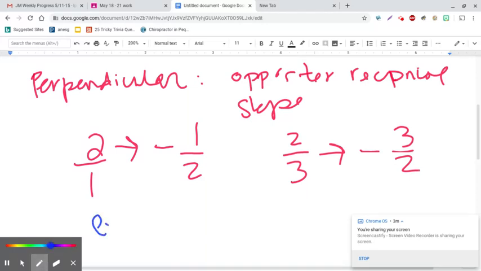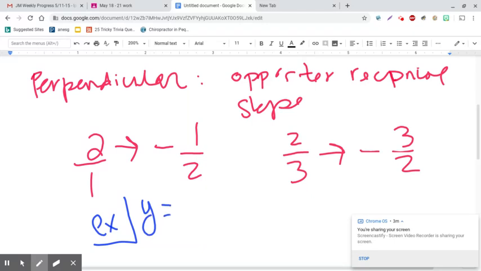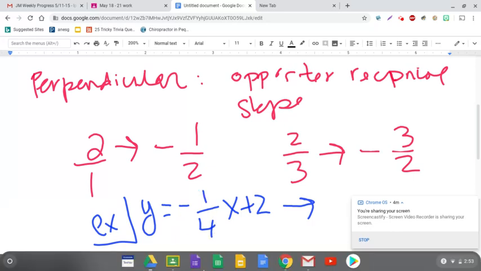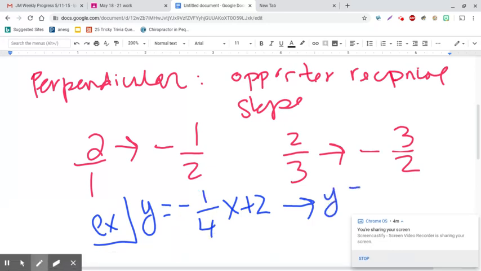So let me give you an example. Let's do y equals negative 1/4 x plus 2. I want to find a perpendicular line to that. So we know that this has to be the opposite reciprocal. So our new line would be y equals, if this is a negative, our slope would now become positive, and then we would flip this.